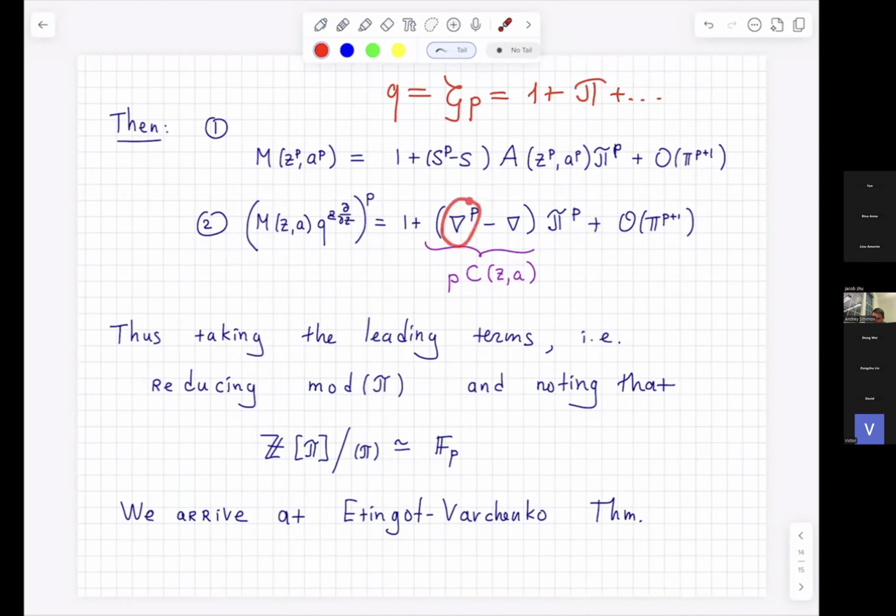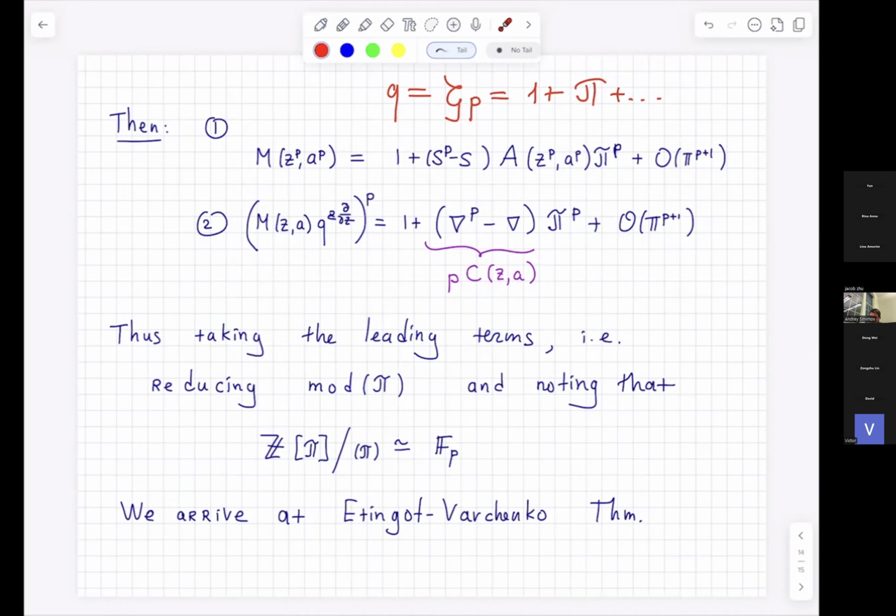And again, why does this appear? It appears for the same reason why this s to the power p minus s appears. You just use the Newton expansion and combine terms which have the same smallness. And so we know that the spectrum of this operator and this operator here, when Q is given by the root of unity, is the same. This is our isospectrality theorem.